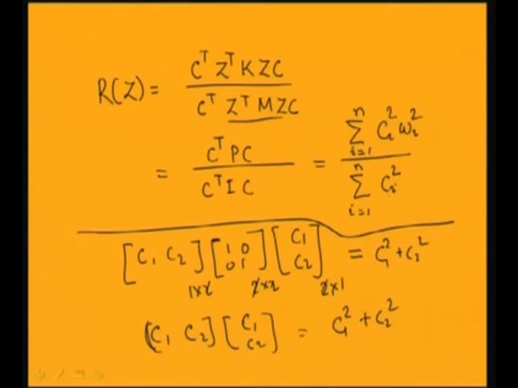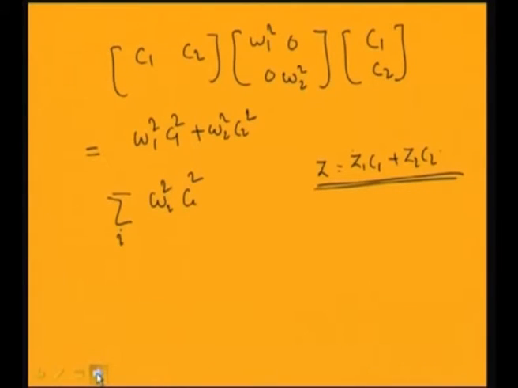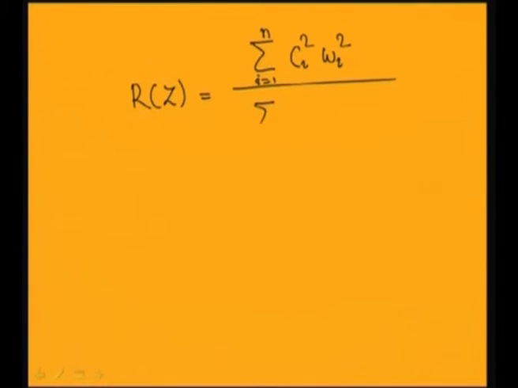Now, let us assume that we have made some error in assuming this z. Already you know that this Rayleigh quotient you are writing in this form: i equal to 1 to n Ci square omega i square, divided by Ci square.